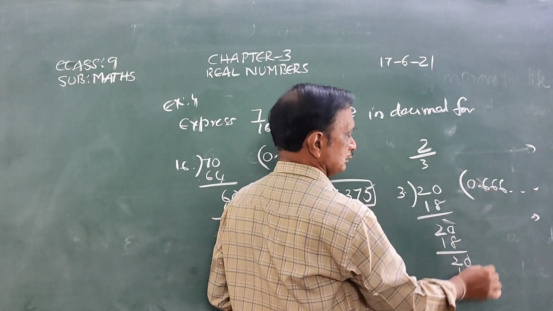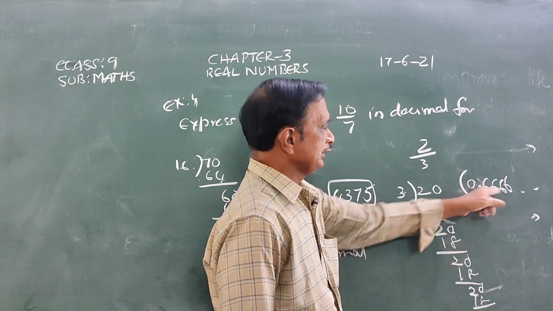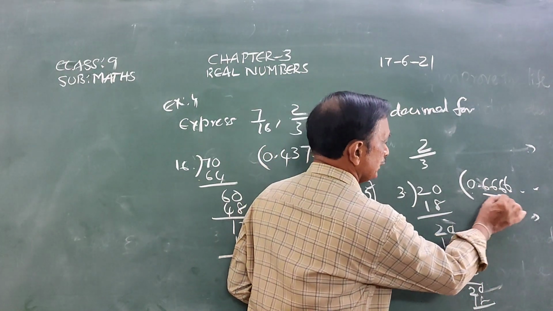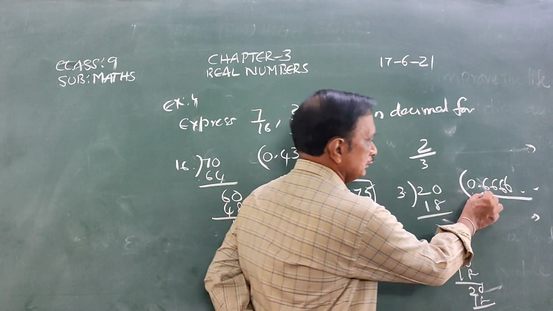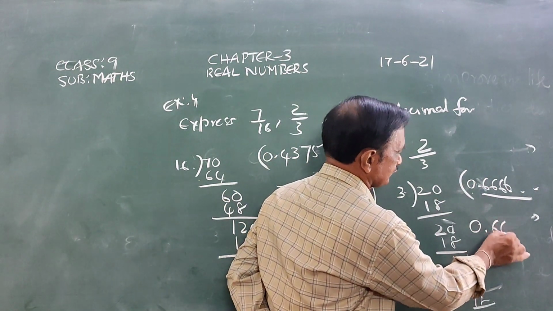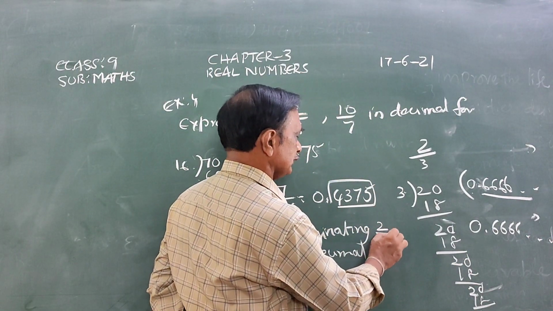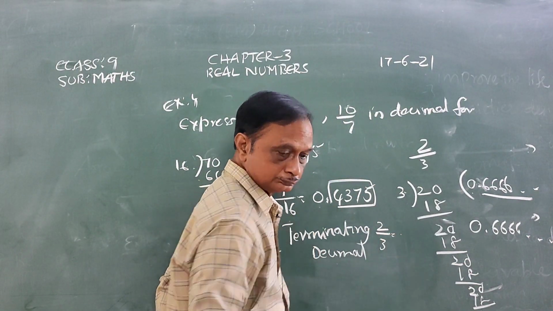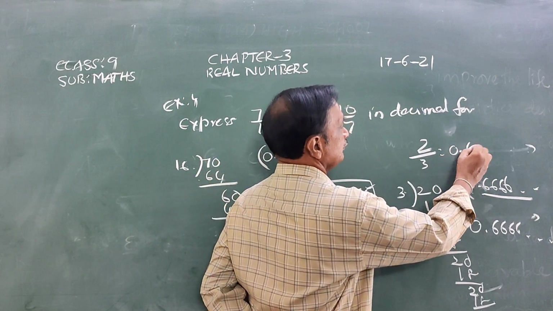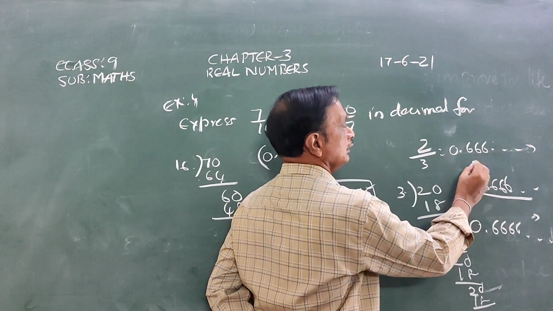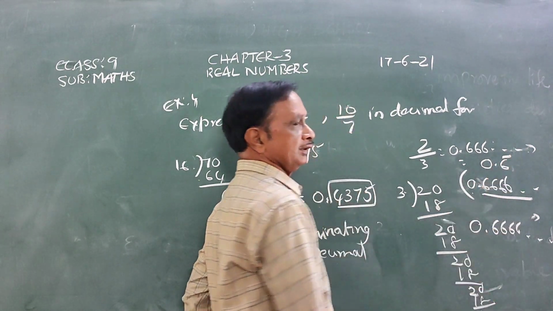So here, in the decimal part, 6 is repeating. 0.6666 and so on. So the decimal form of 2 by 3 is 0.666 and so on, which can be written as 0.6 bar on 6.